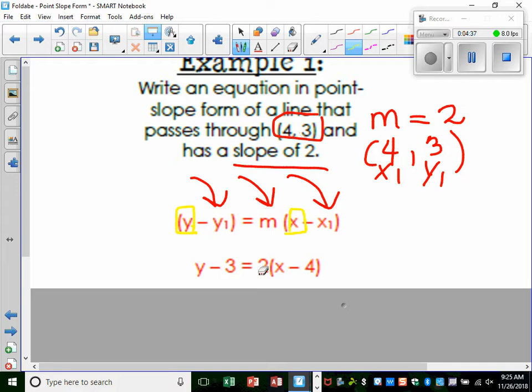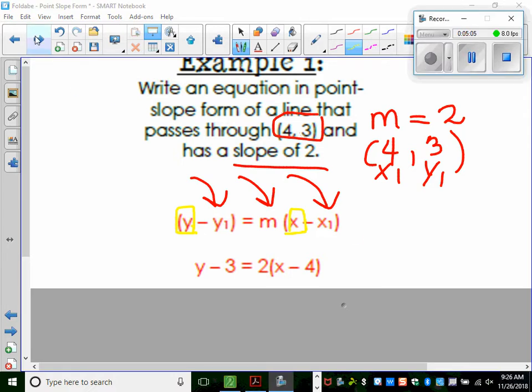My m was 2, goes right there. My x1 was 4, there it is right there. And my x and y stay where they were. Now, you don't do anything else with that information. You don't solve it. You don't distribute, because if you do that, then you're taking it out of this particular form, which is called point slope form.